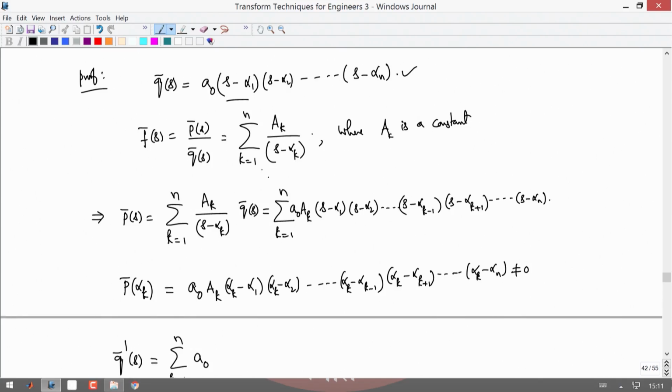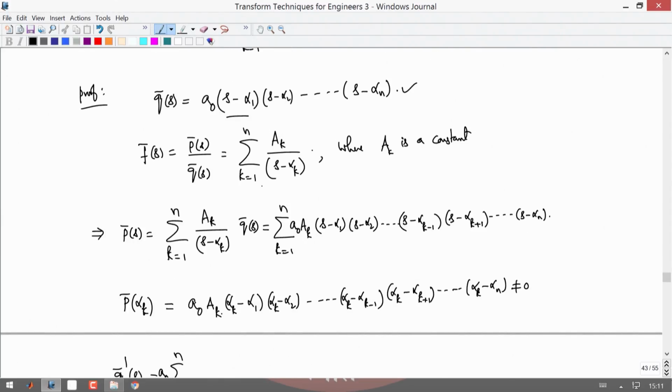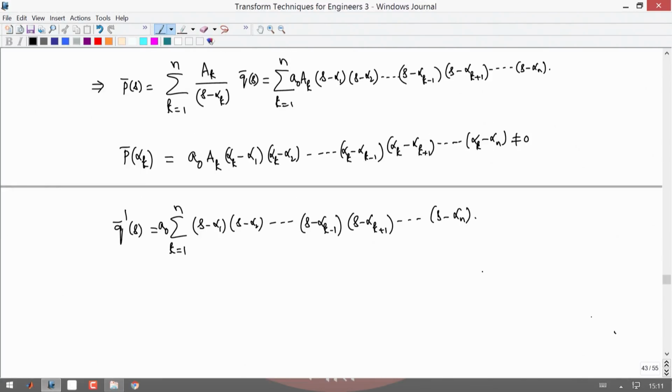Because of s minus alpha 1, s minus alpha 2, up to s minus alpha n, if you differentiate each term, a naught is common and comes out, and you end up with n terms, where only the kth term will go, that is s minus alpha k minus 1 into s minus alpha k plus 1 up to s minus alpha n. So, this is what is the q bar dash of s.